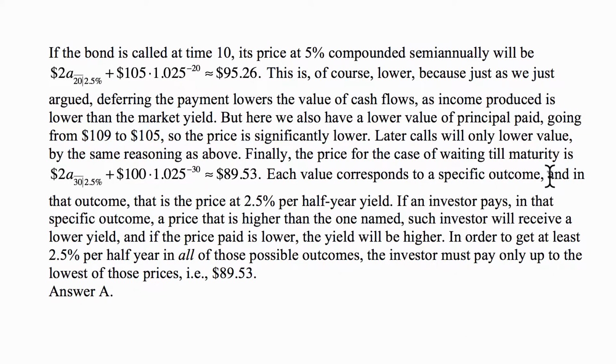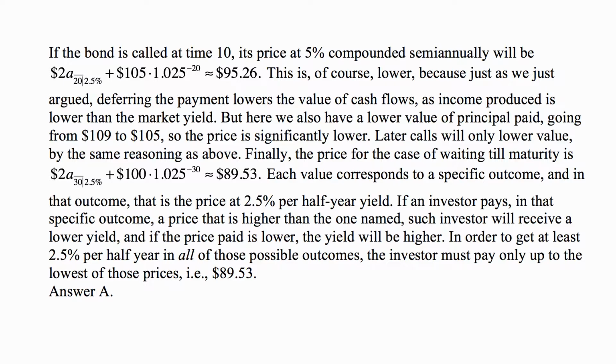Now, if the bond is called at time 10, its price at 5% compounded semi-annually will be $2 coupon paid over 10 years, so 20 periods, at 2.5% plus 105 discounted at 2.5% per half a year over 20 periods, so 95.26.